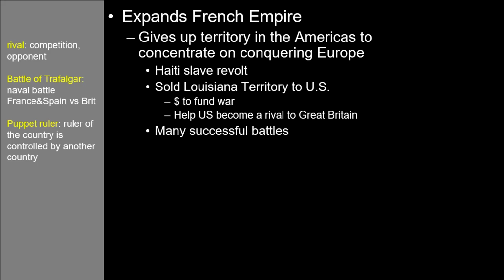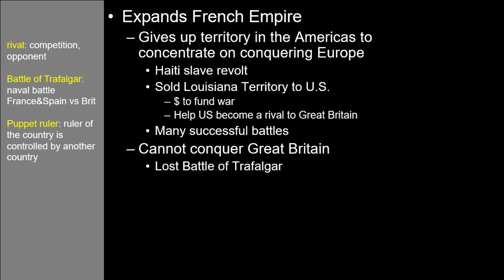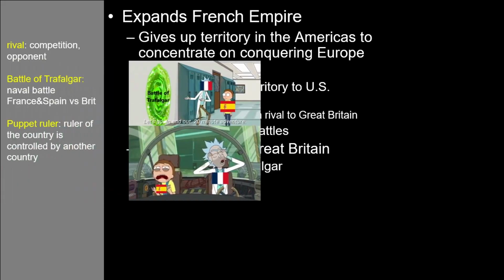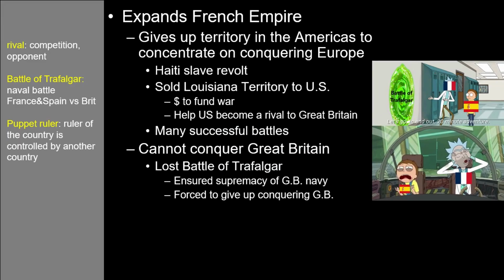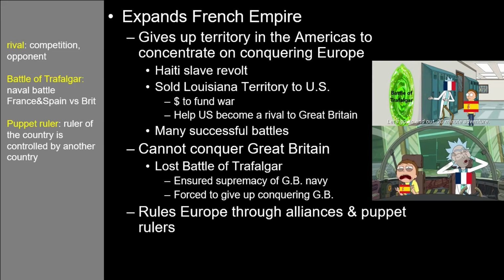Oops. With those American distractions gone, he pours all his energy into Europe, winning battle after battle like he's farming W's. But there's one boss battle he cannot beat: Great Britain. The Battle of Trafalgar is a naval disaster. The British Navy says, "Not today, Napoleon," and he's forced to abandon his dream of conquering the island.